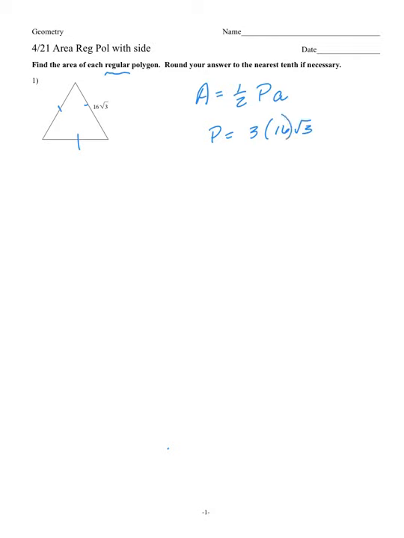And all you do here is you multiply the 3 and the 16 and you get 48 root 3. So there we have our P, and now we just have to find our little a, and then we can put it in the formula. So I'm going to put here P equals 48 root 3, A equals blank.